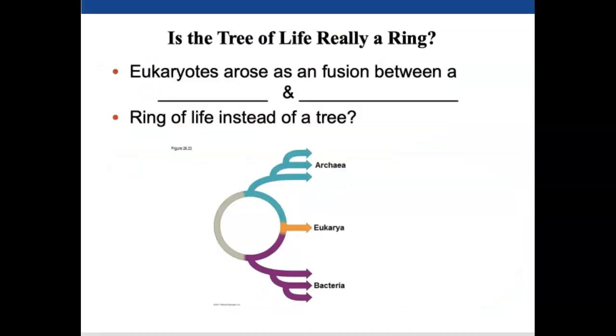Now, just to make you pull your hair out and aggravate you or maybe excite you, there's proposals about a ring of life. Is it possible ancestral species, common ancestor here, gives rise to the archaea that go this way, the bacteria that go this way, and then bacteria and archaea come together, literally symbiosis, to lead to the eukarya, that group right now.